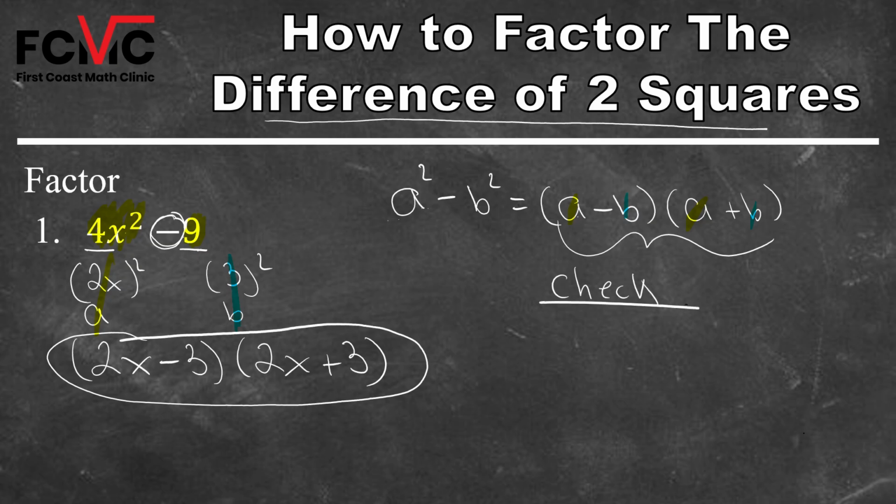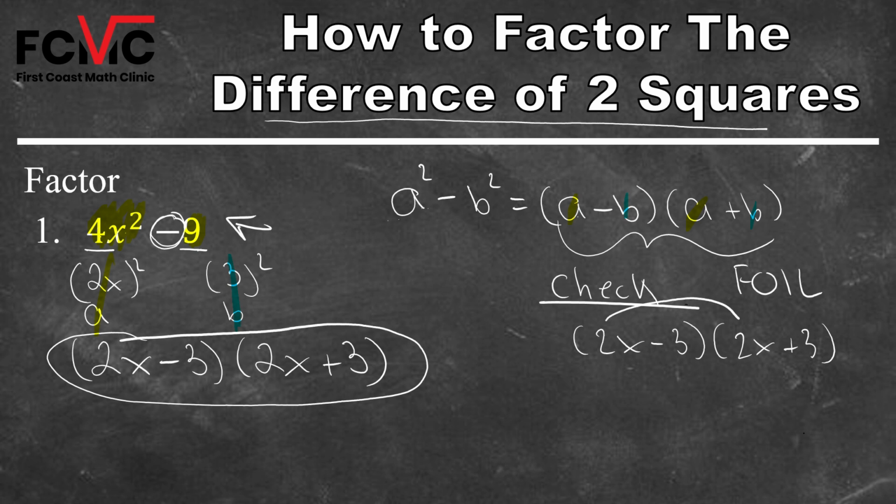Now if we want to check this, let's take 2x minus 3 times 2x plus 3, and if we FOIL this, we should get back the original binomial 4x squared minus 9. So let's do that. 2x times 2x gives me 4x squared. Outer, 2x times 3 gives me 6x.